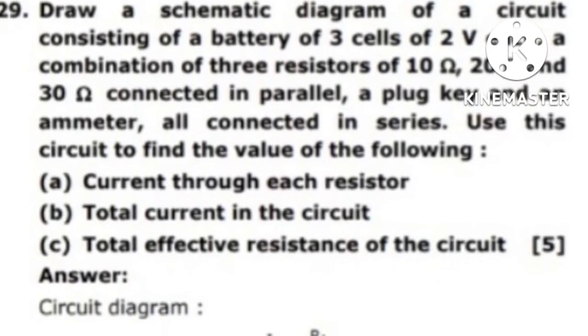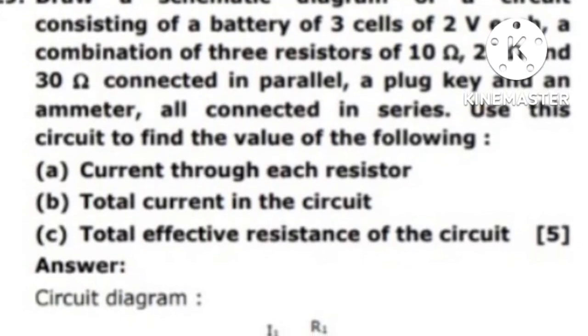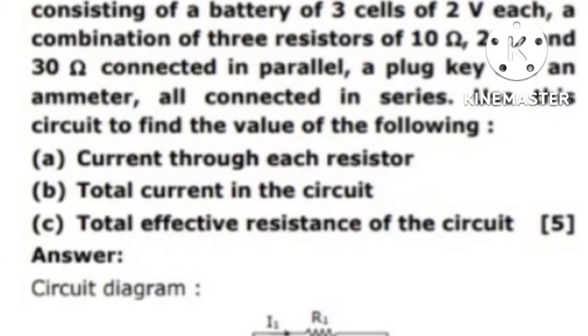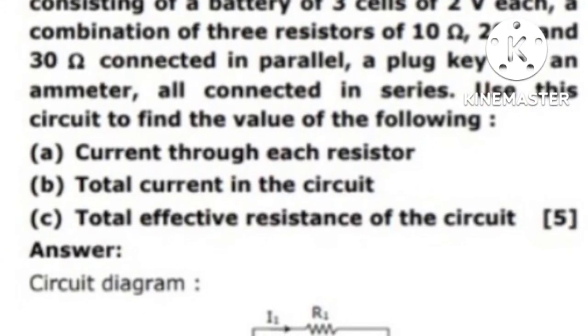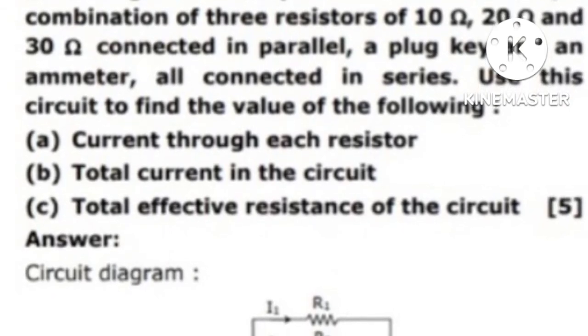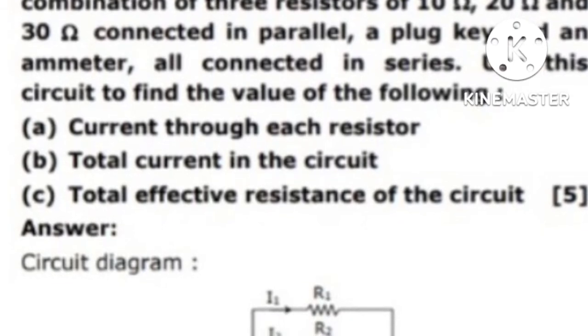The question is, draw a schematic diagram of a circuit consisting of a battery of 3 cells of 2 volt each, a combination of 3 resistors of 10 ohm, 20 ohm and 30 ohm connected in parallel, a plug key and an ammeter all connected in series.